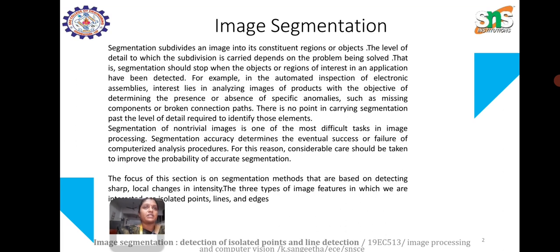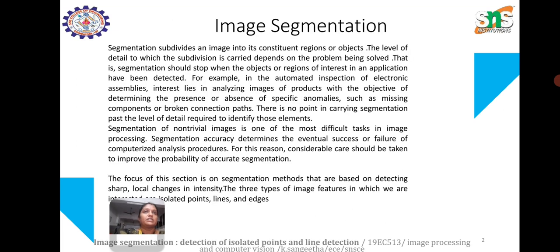Each segment typically represents a specific object or a region with similar attributes such as color, intensity or texture. Segmentation is a vital pre-processing technique for various applications like object detection, object recognition, medical imaging and satellite imaging. The main goal is to partition the image into regions that are homogeneous with respect to certain properties while minimizing the variance within each region.